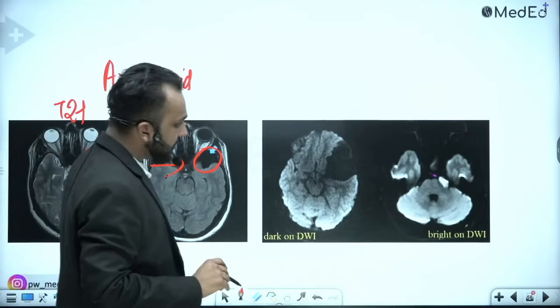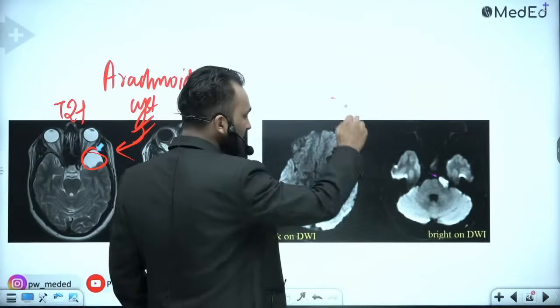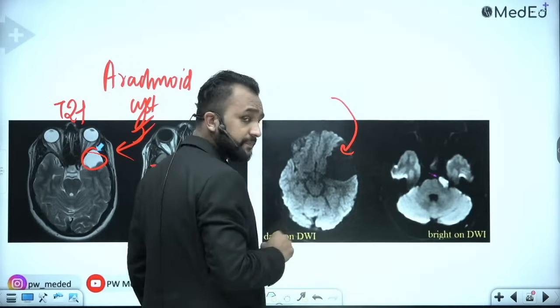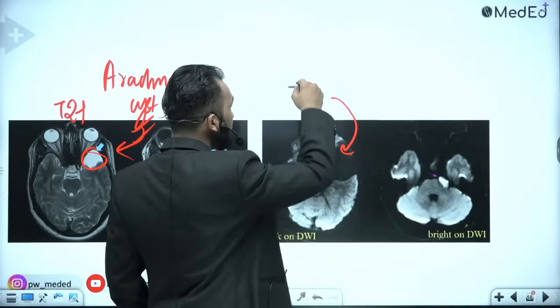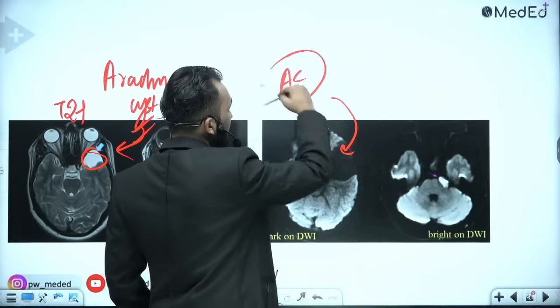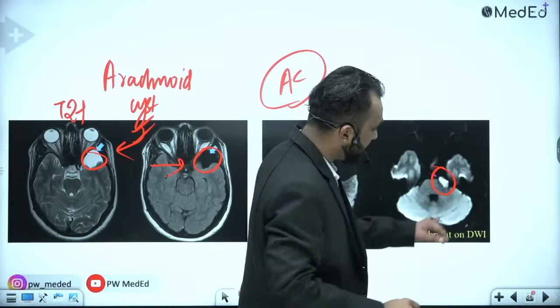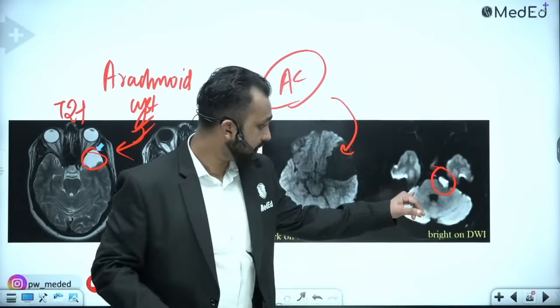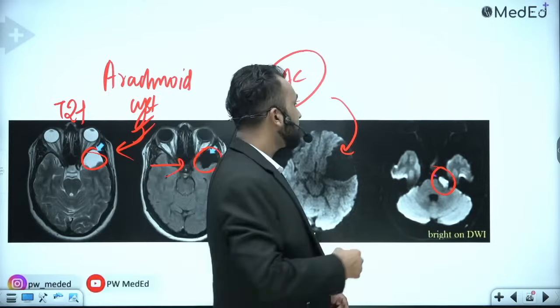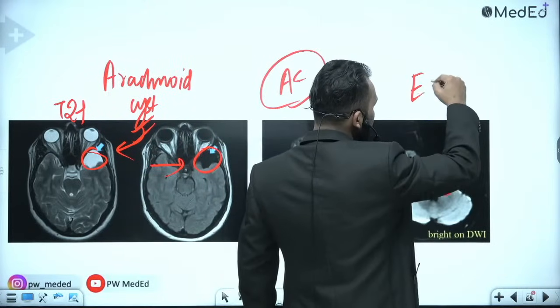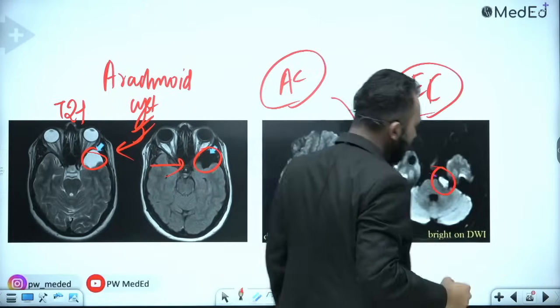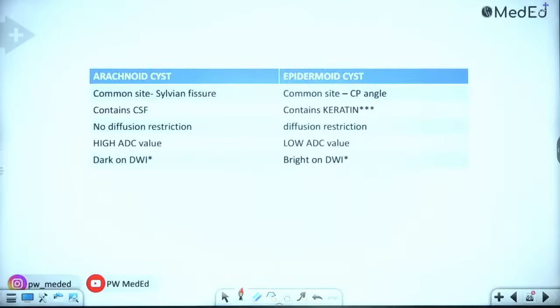Just remember that if a lesion is appearing dark on diffusion weighted images, it is an arachnoid cyst. And if the lesion is showing diffusion restriction, like this lesion in the left cerebellopontine angle, this will be a case of epidermoid cyst. So these are a few cystic lesions within the brain.